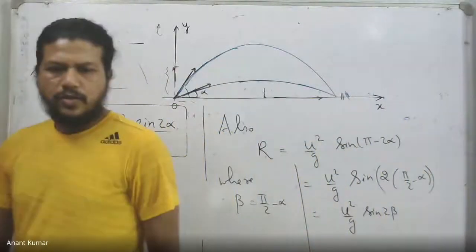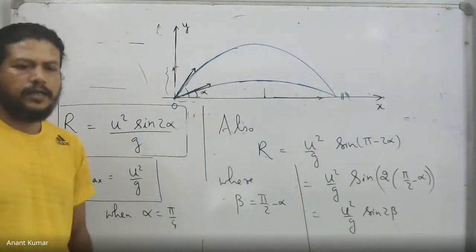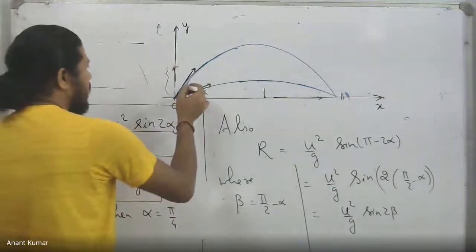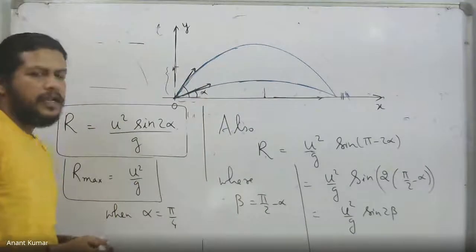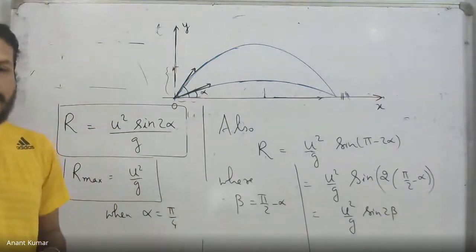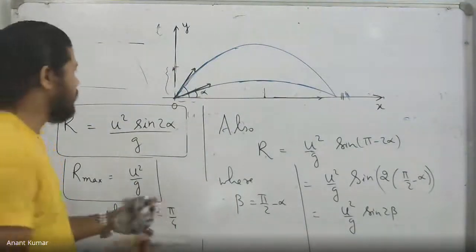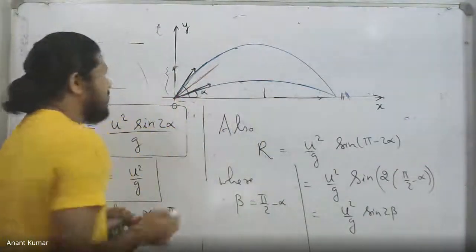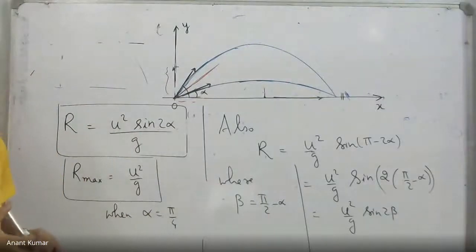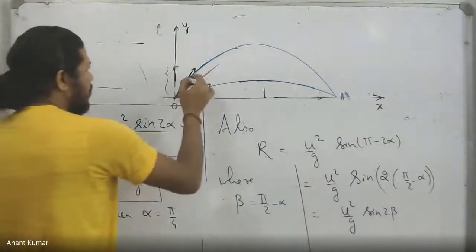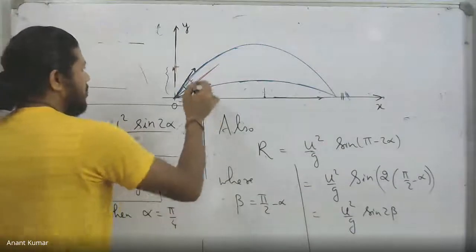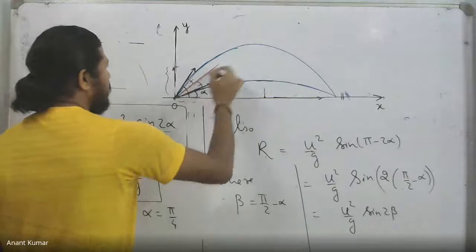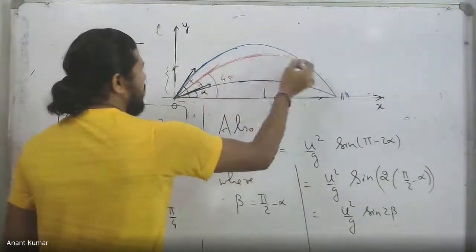Okay. You also notice in this case that these two angles, alpha and 90 minus alpha, are equally inclined to the direction of the maximum range. The maximum range is at 45 degrees, which is nothing but the bisector between the two directions. And these two directions are equally inclined to the 45 degrees angle. If you throw it at 45 degrees, then the range is going to be the maximum possible.